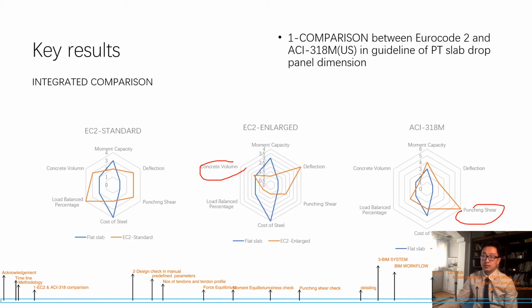The cost of steel is reasonable because it is added with a drop panel, so it needs more material. As a conclusion, the ACI 318 structure has a comprehensive advantage in structural performance and material cost.